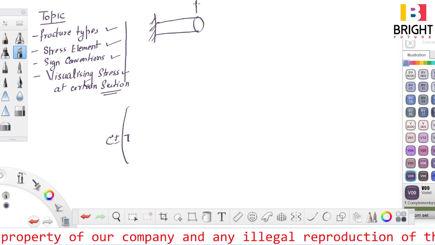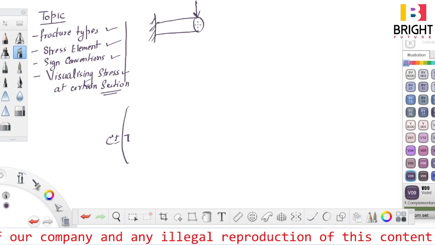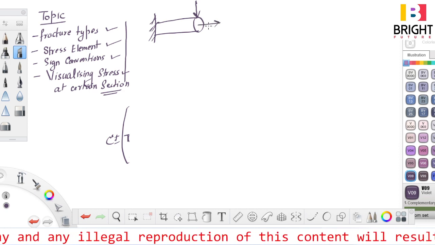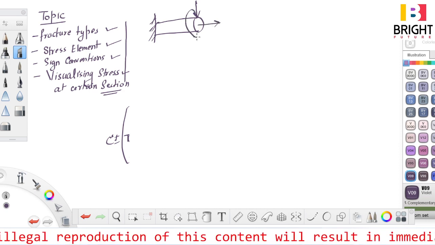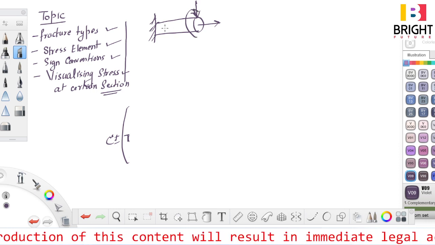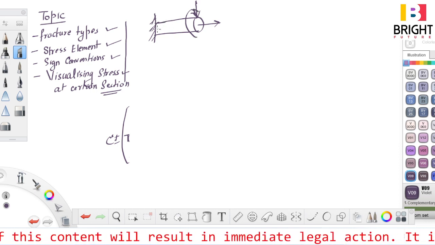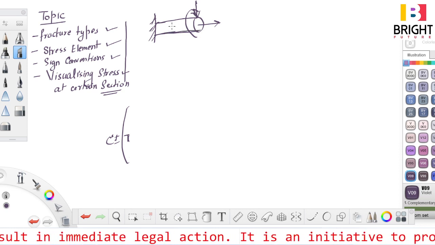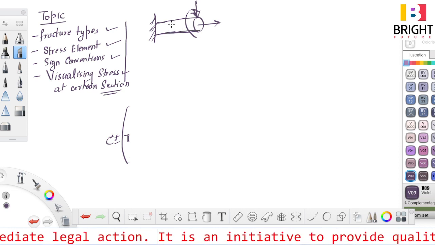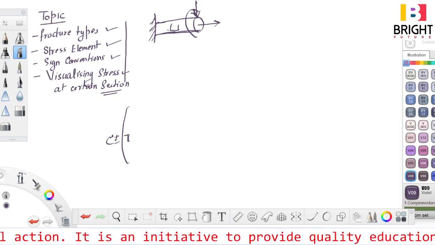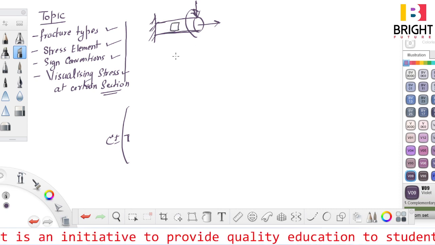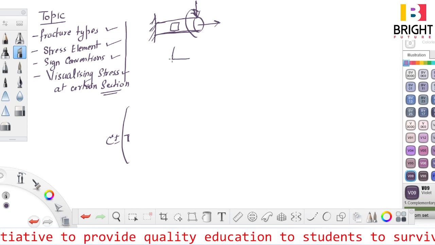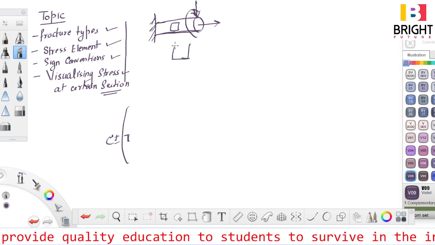I am applying a perpendicular load, a vertical load over this, and torque over this. Now what will be the net effect of all these forces over my element? To simplify this or to calculate this, I draw a stress element over this element. After that, I get this stress element out of this.